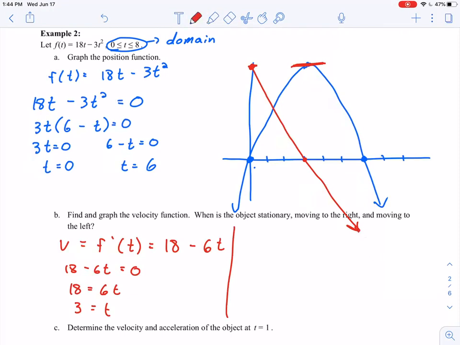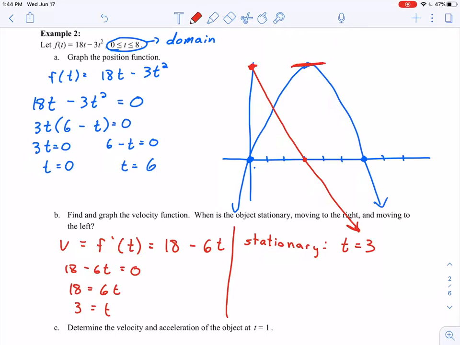There we go. If the object is stationary, it's neither moving left nor right. It's not moving anywhere. So the object is stationary whenever the velocity is 0, and that's kind of why I also looked for this point right here. It's stationary at t equals 3.